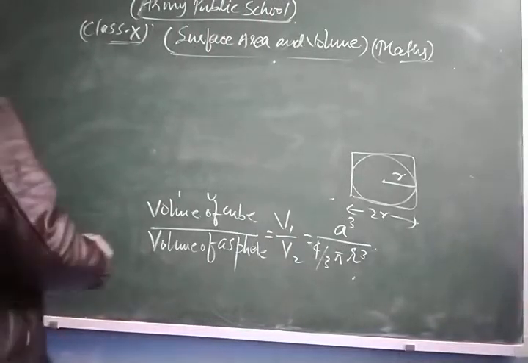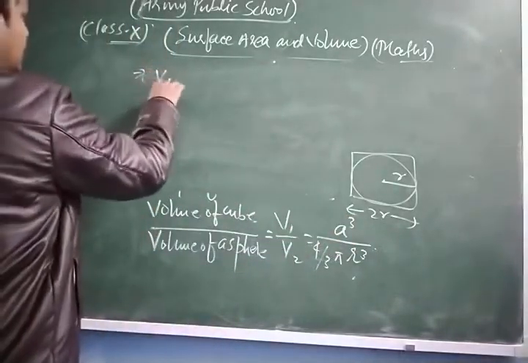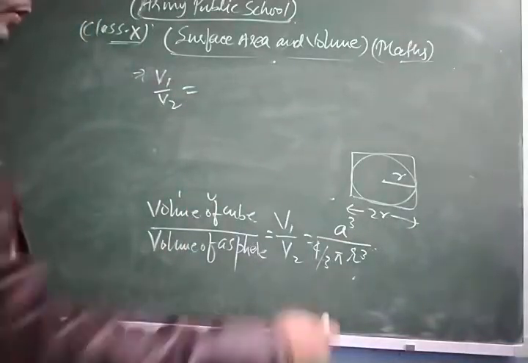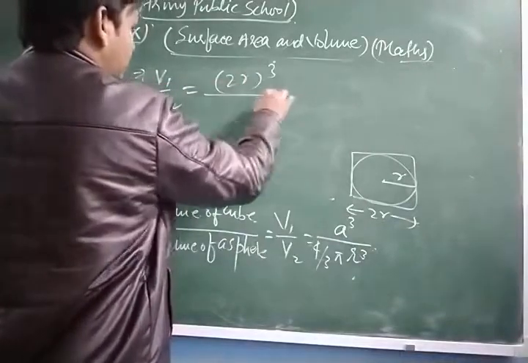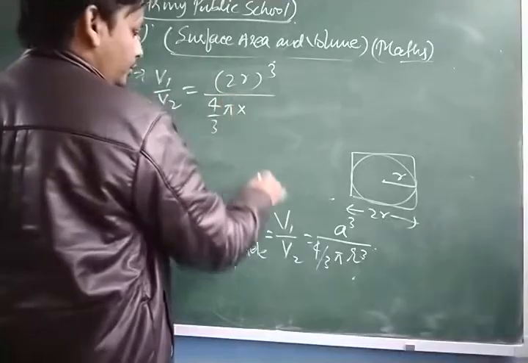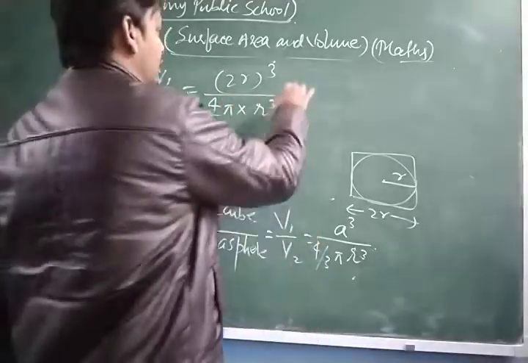Now look, we put all the values. Each edge of the cube is 2R. So V1 upon V2 is equal to 2R cube upon 4 by 3 pi R cube. R as it is because we take R as the radius.